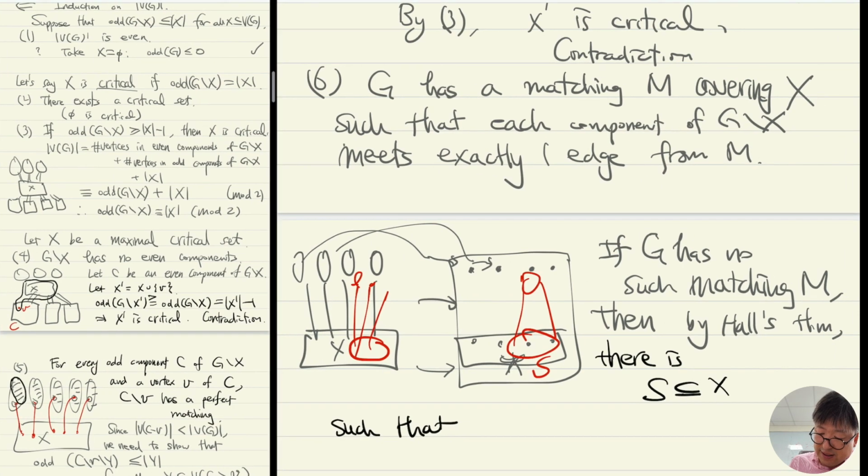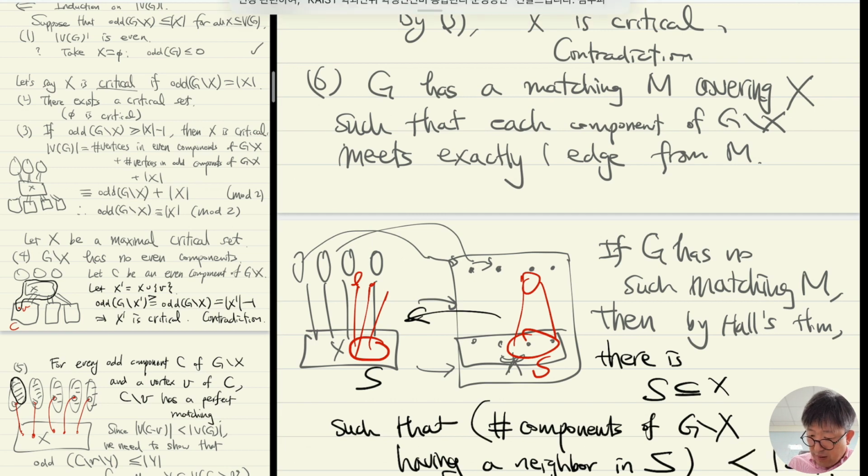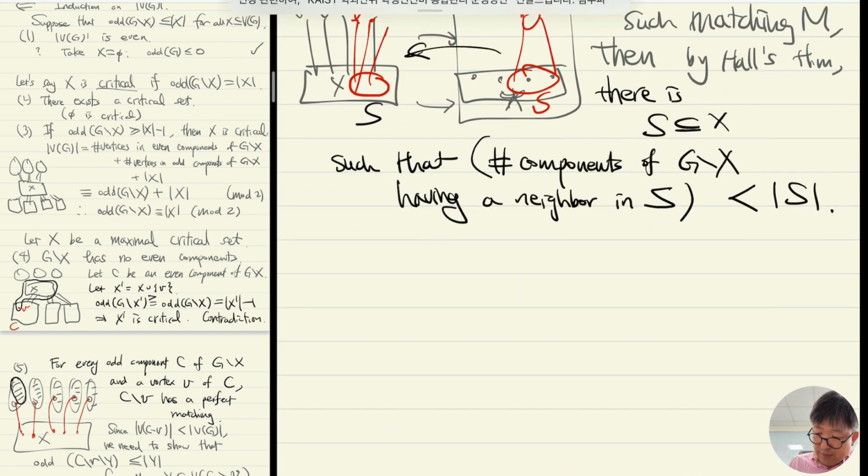But how do we say that in terms of graph G, the number of odd components? Every component is odd, so let's say the number of components of G delete X having a neighbor in S is small. Okay?